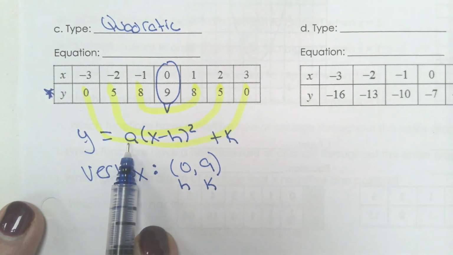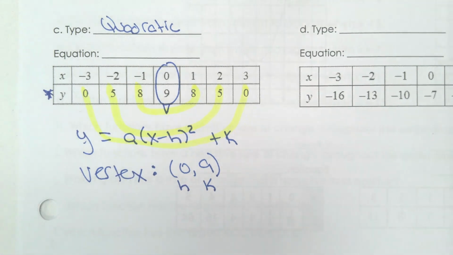In earlier chapters, a used to change. So you would have like this normal parent, and sometimes if we made a like 2, 3, 4, 5, 6, it would get like taller and skinnier. And sometimes if we made it a fraction, it would get wider and open up. But we're in just general algebra 2, and so a is going to be 1. So we aren't going to have a number there.